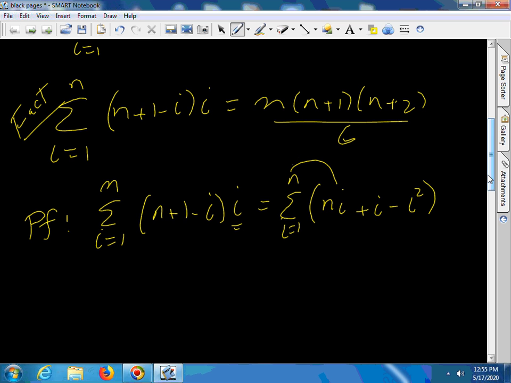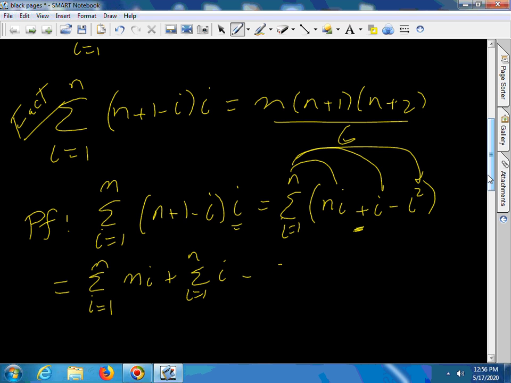That is, you can take the summation of each term separately and add and subtract them. So i equals 1 to n of the first summation plus the summation of i of the second summation minus the summation of i squared as i goes from 1 to n.